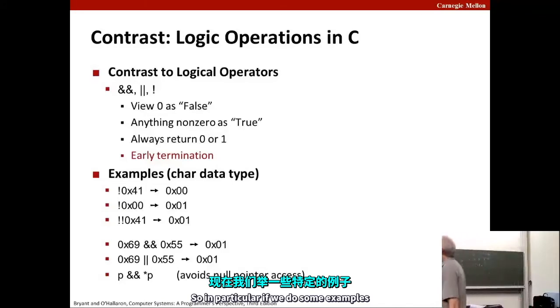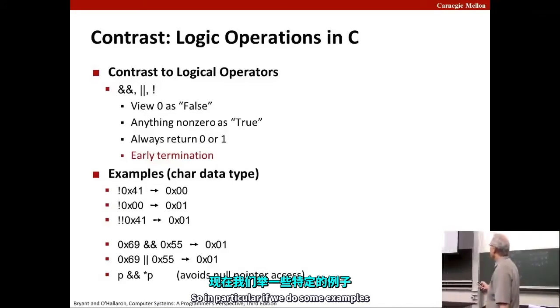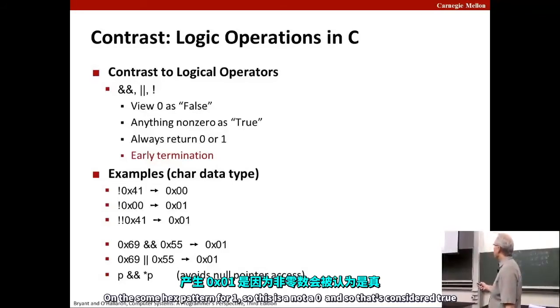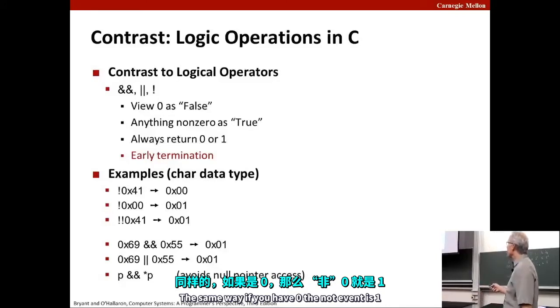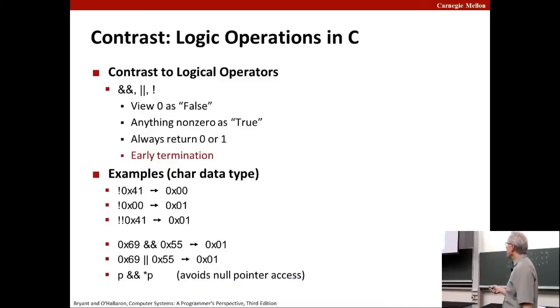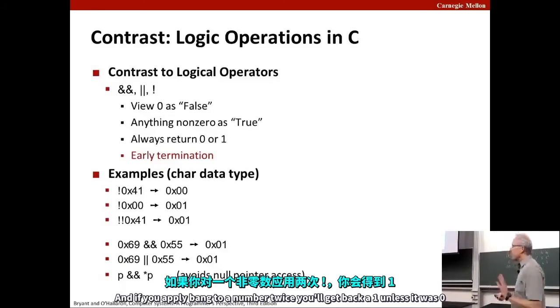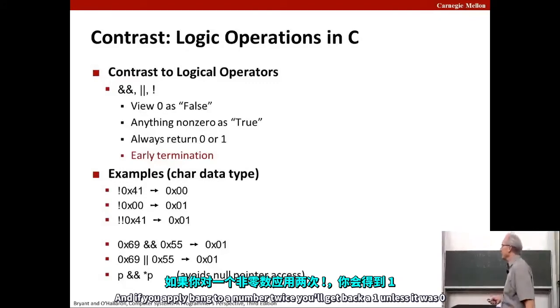In particular, if we do some examples on some hex pattern 41, this is not a 0, and so that's considered true in this interpretation, and so the bang of that, the not of that, is 0. And similarly, if you have 0, the not of that is 1. And if you apply bang to a number twice, you'll get back a 1 unless it was 0.